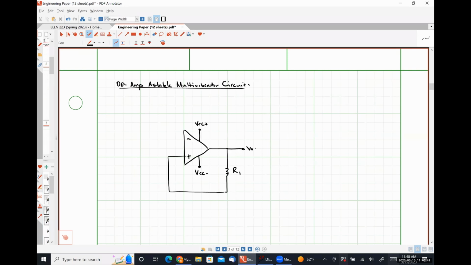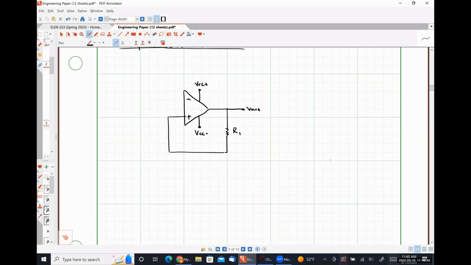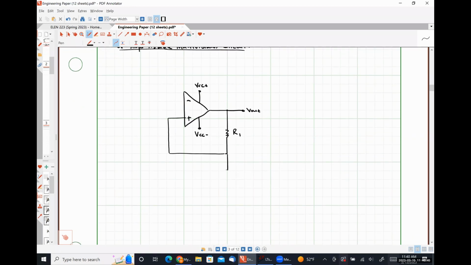Here's our output terminal Vout. I'm going to place a resistor here, R2, like so. This node down here is going to be my ground. And now I'm going to have some interesting things here.